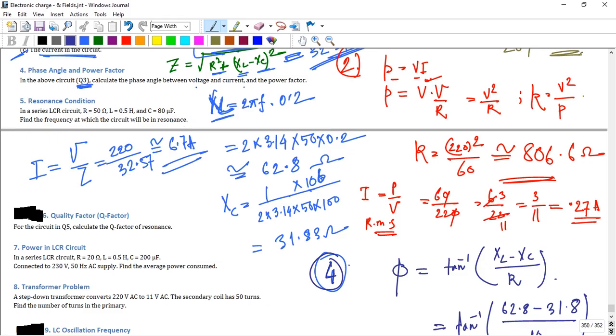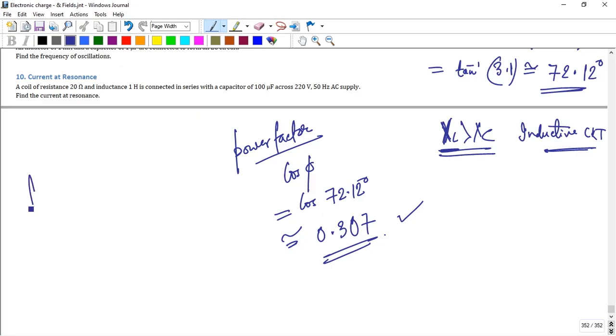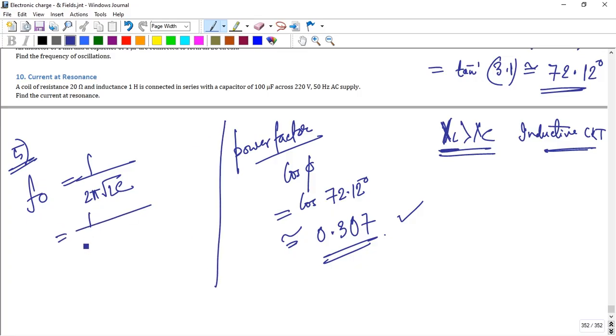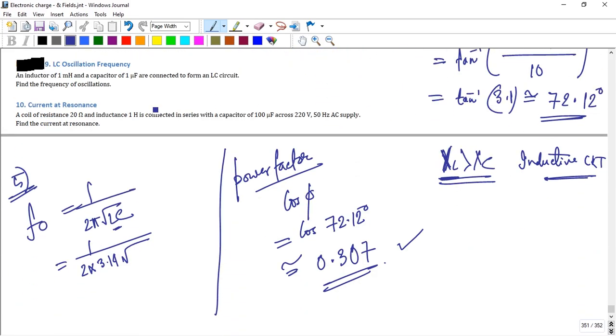So find the resonance frequency, which is equal to 1 by 2 pi root over LC. Here L is 0.5 Henry and C is 80 microfarad, 10 to the power minus 6.